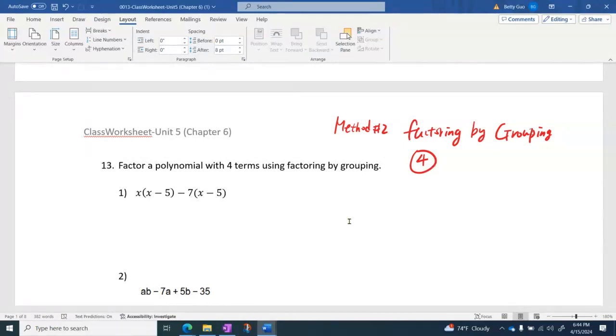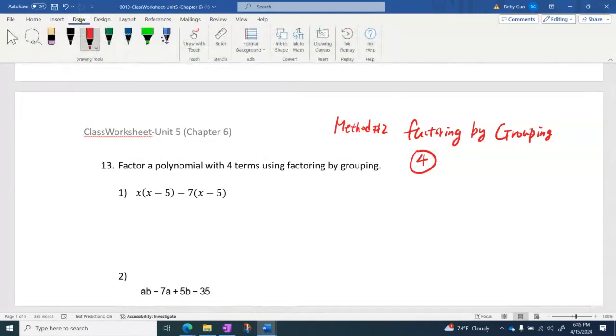To prepare for understanding this technique, let's look at the first question first. x times parentheses x minus 5 minus 7 times parentheses x minus 5. So we are given an expression. Let's look at the structure of this expression.